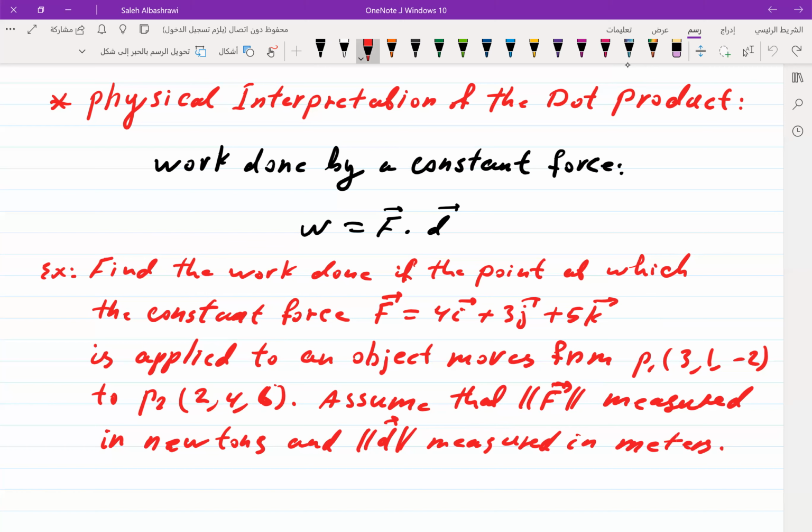Constant force, when we hear this word, F equal to 4i plus 3j plus 5k, it means that all the components are constant: 4, 3, 5. Later on we are going to use non-constant force, which is a function, so the components will be functions. In that case, we are going to use integration. But now, since F is constant, we will use the dot product.